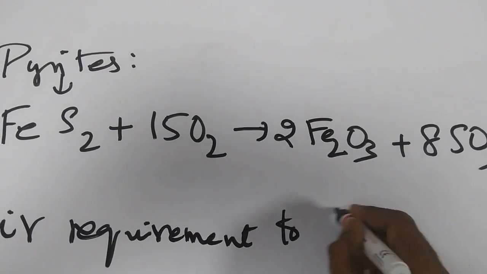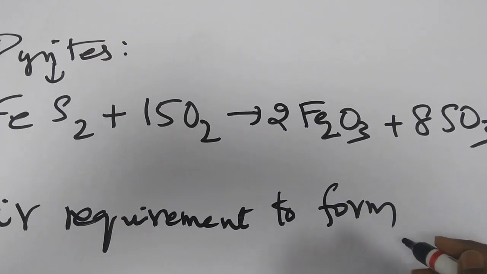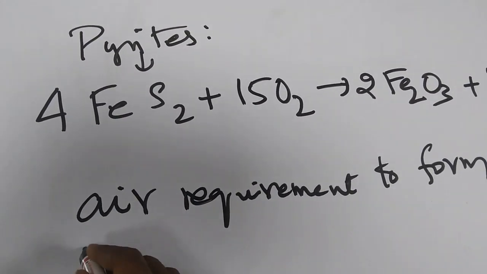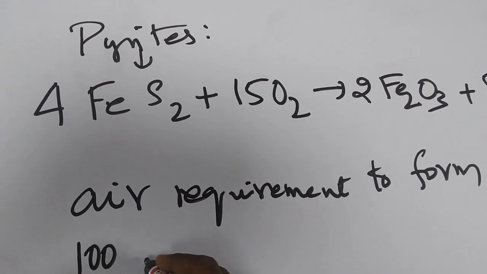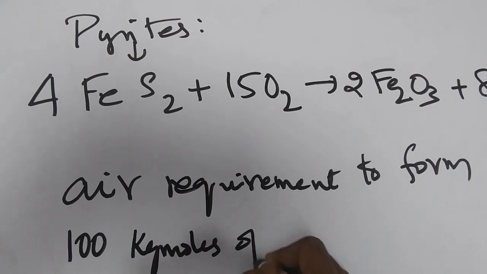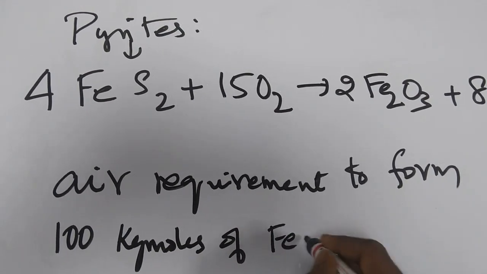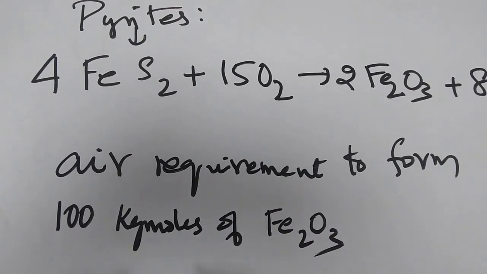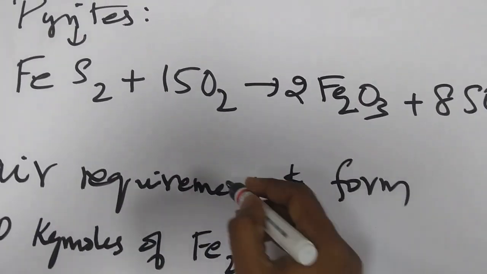to form 100 kg moles of Fe2O3. Determine the air requirement in kg.